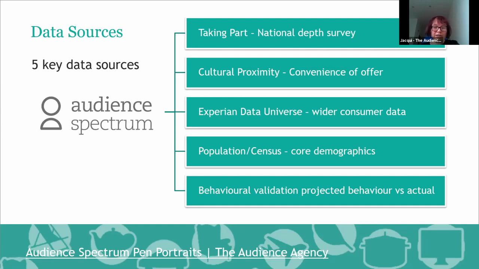And it also brings in Experian data, which is consumer information, and it's what drives the Mosaic segmentation, which you may be familiar with. It's quite widely used by local authorities because it's essentially a socio-demographic segmentation.